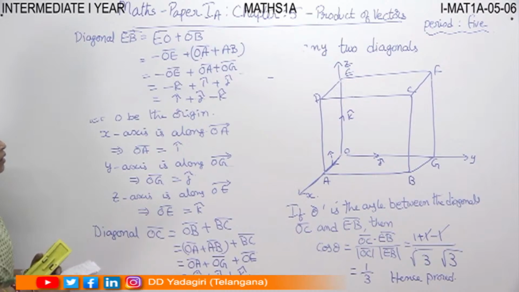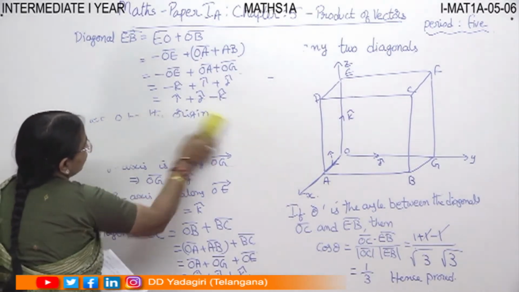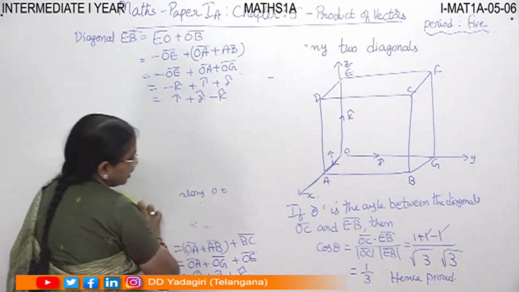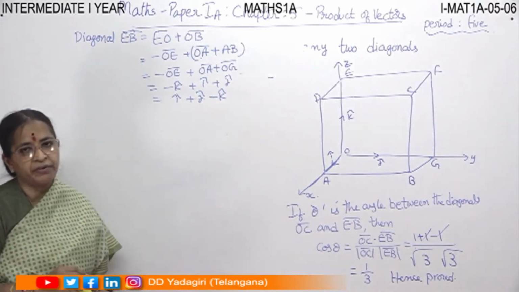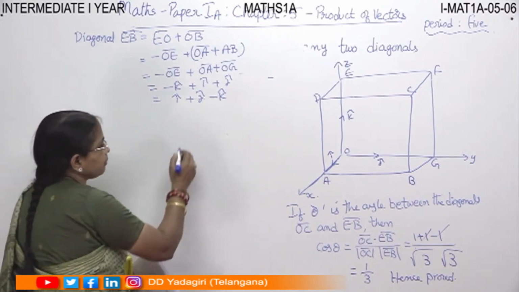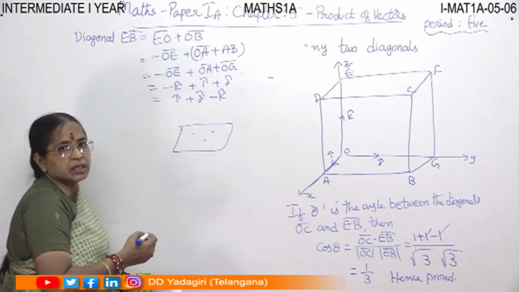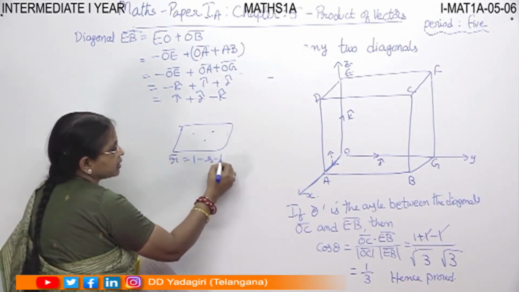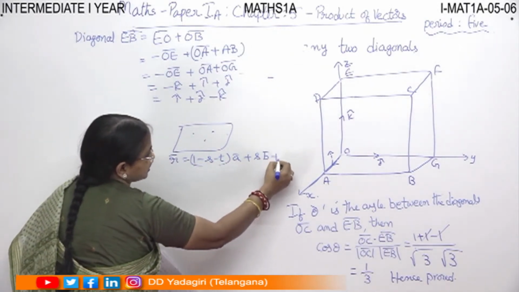Now the next topic is equations of planes. See, in the first chapter, in the addition of vectors, you learned about the equations of planes in the parametric form. Suppose the plane passes through 3 points. Then the equation of the plane is r is equal to (1 minus s minus t) a plus sb plus tc.